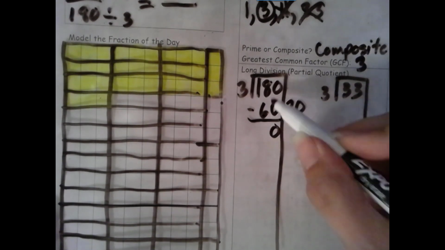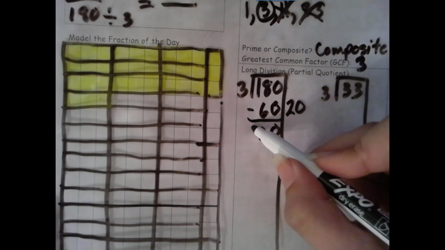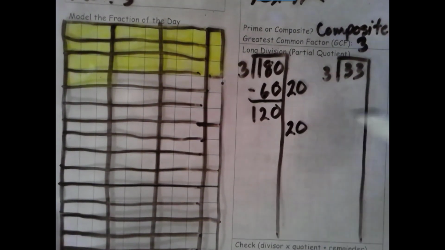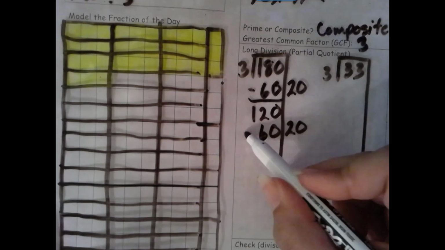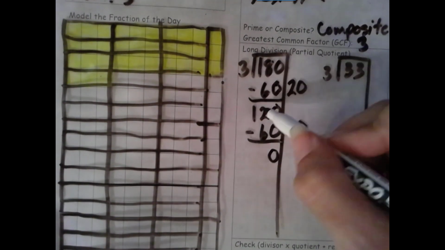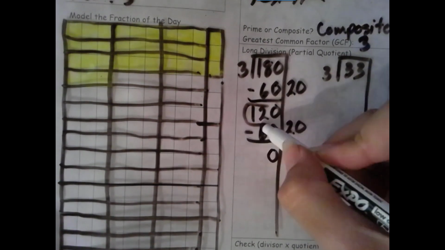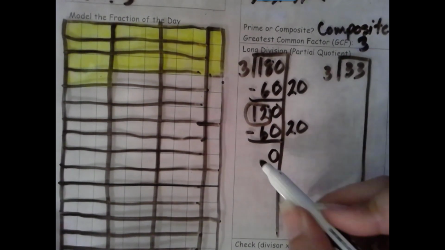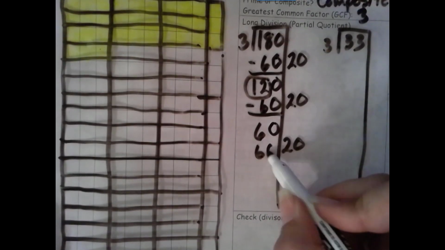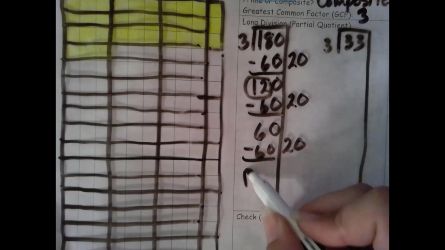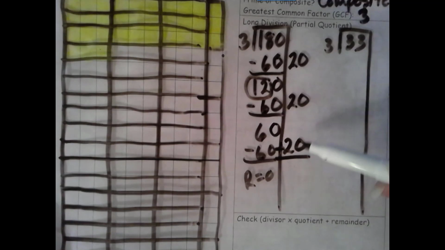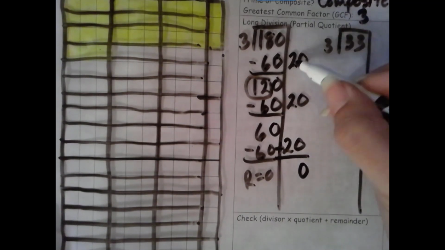Number's the same, 0 is the game, more on top, no need to stop. I'm going to do 20 again, get that 60, because 20 times 3 is 60. This is just 12 take away 6, which is 6. 20 times 3 is 60. Add these partial quotients: 20 plus 20 plus 20 is 60.